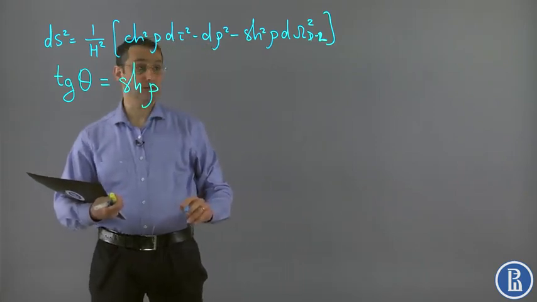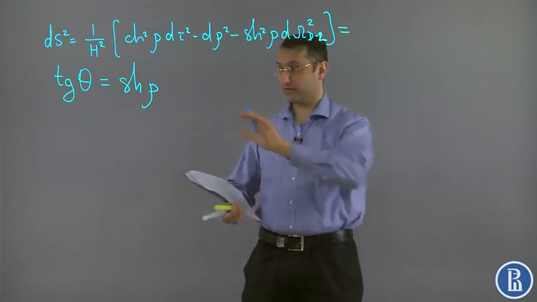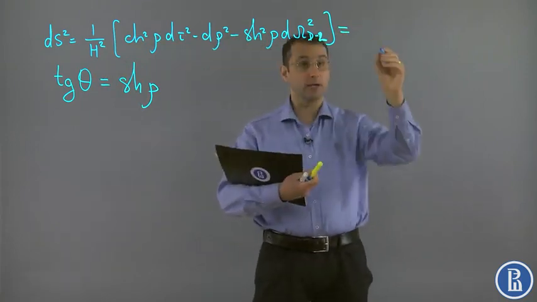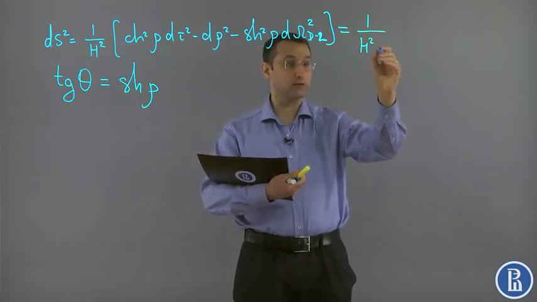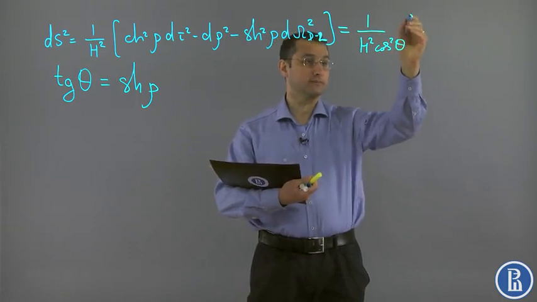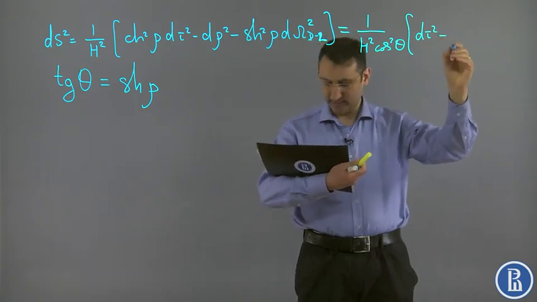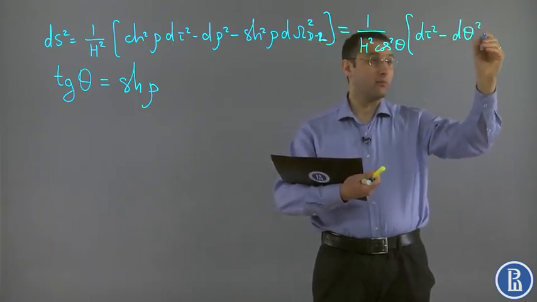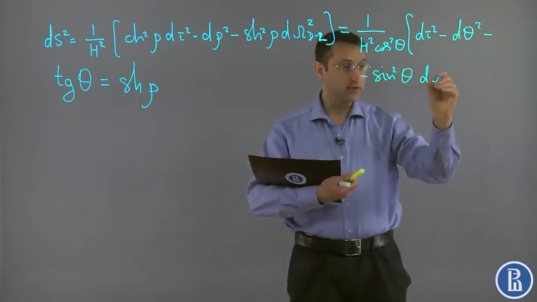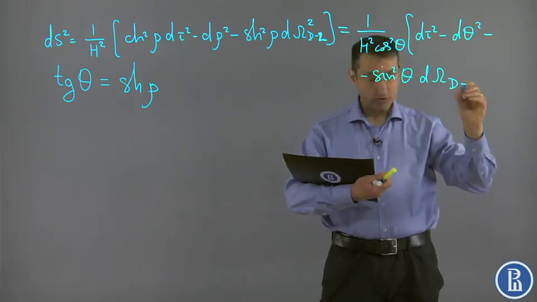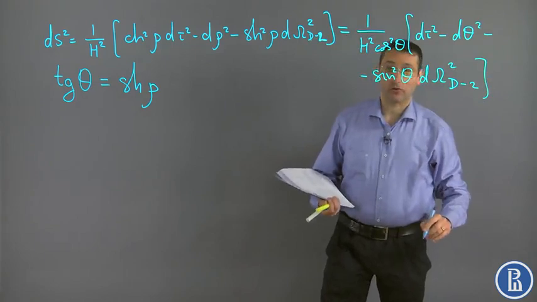And as a result, after this change, the metric becomes: h squared times cosine squared of theta times dτ² minus dθ² minus sine squared of theta dΩ²_{d−2}.